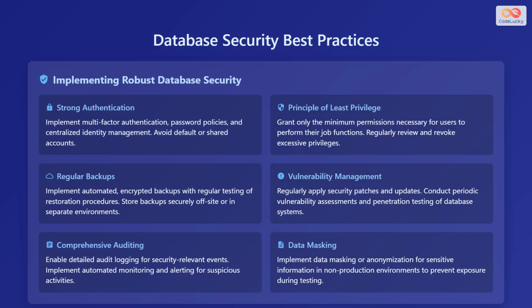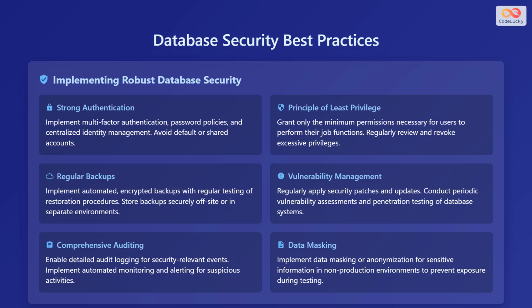Let's review some of the best practices for ensuring robust database security. These practices can help you protect your data and systems from various threats. First, implement strong authentication, which includes multi-factor authentication, password policies, and centralized identity management, and avoid default or shared accounts.